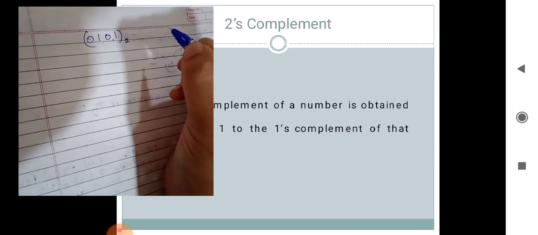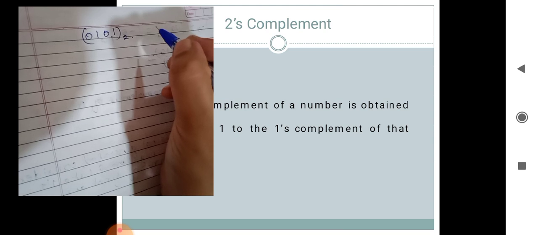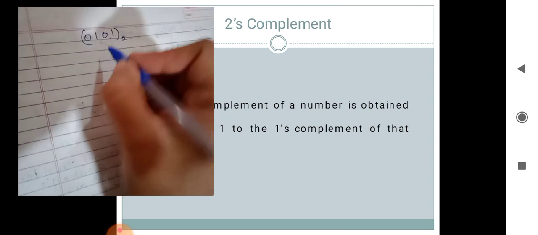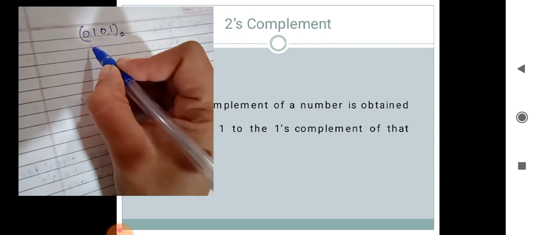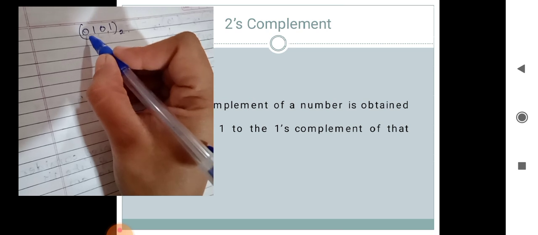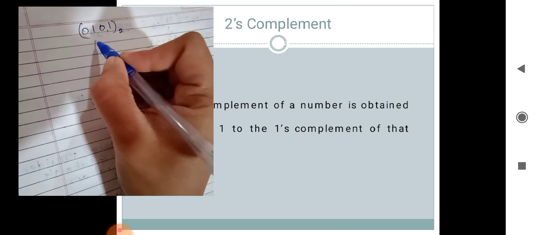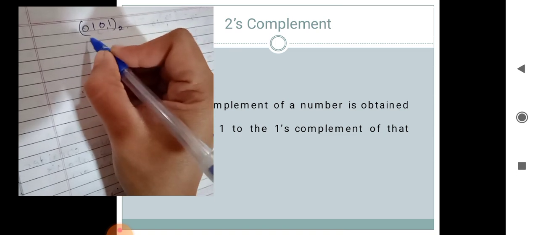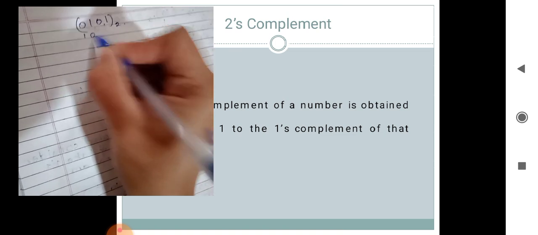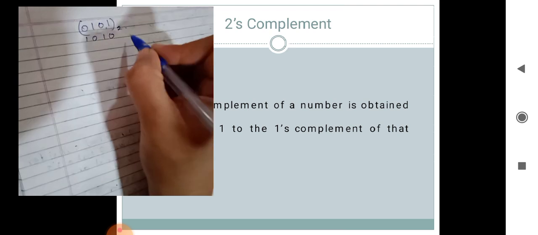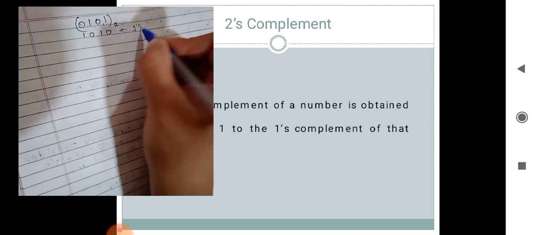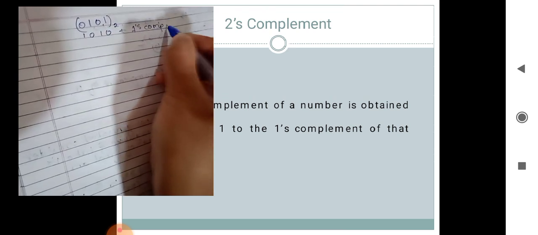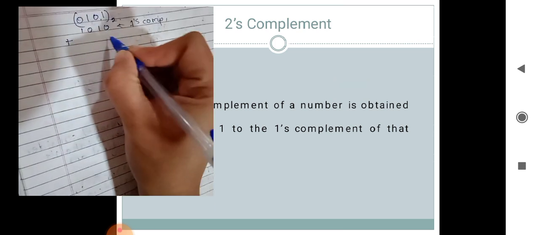Before finding twos complement, you have to know how to find out ones complement, and ones complement means replacing 0 with 1 and 1 with 0. So first we will write ones complement 1010. This is the ones complement of the given number, and if we add 1 to it, we will find twos complement.